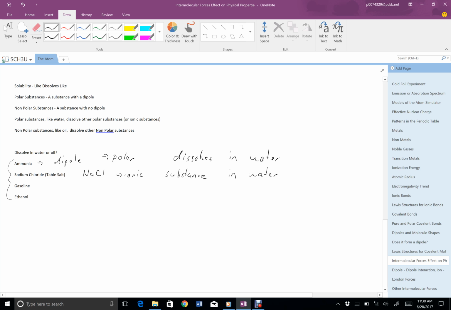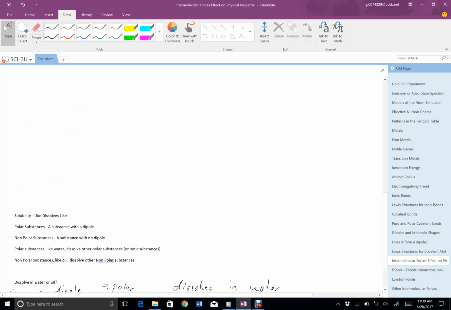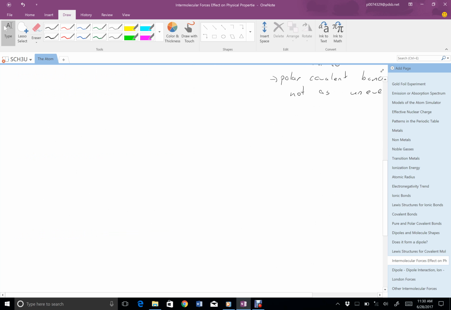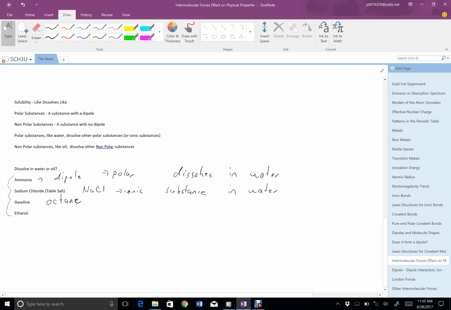Gasoline, which is generally octane, looks a lot like one of these molecules that we were just talking about, but instead of having 2 carbons like that one that I just showed you, the oct here tells you that it has 8 carbons. At any rate, it doesn't have polar bonds. It has a symmetric shape, so it's a non-polar molecule. And so it would dissolve well in oil.